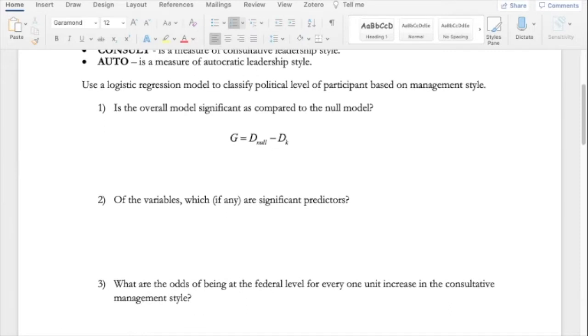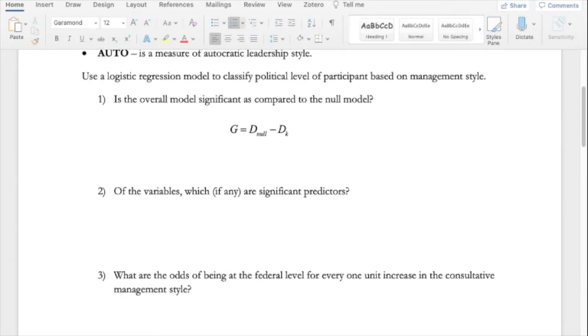So using a logistic regression, we want to classify people's political level based on their management style. So that means that we're trying to figure out, if we just know their management style, can we guess better than odds what political level they're at?